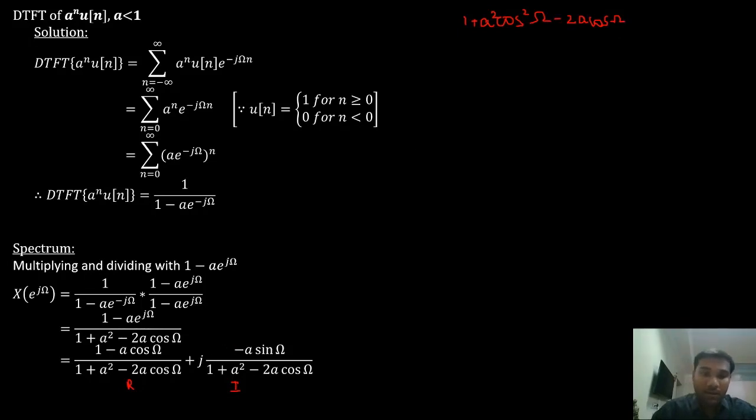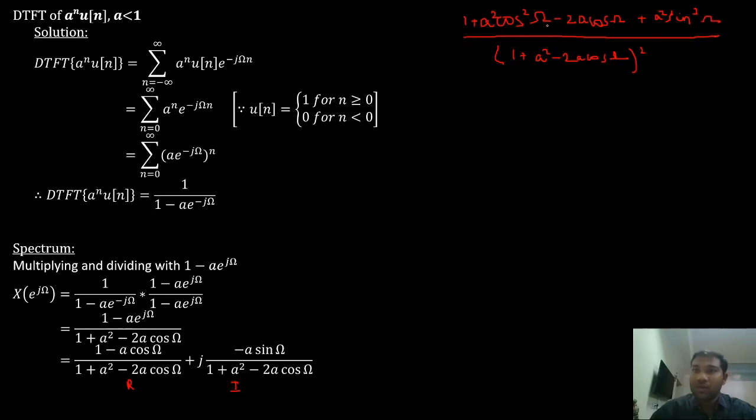And in the denominator I have 1 plus a square minus 2a cos omega whole square, right? Now I will add the square of the imaginary term also. If I add the square of the imaginary term, it becomes a square sin square omega.